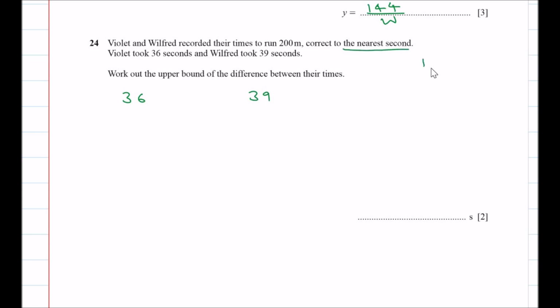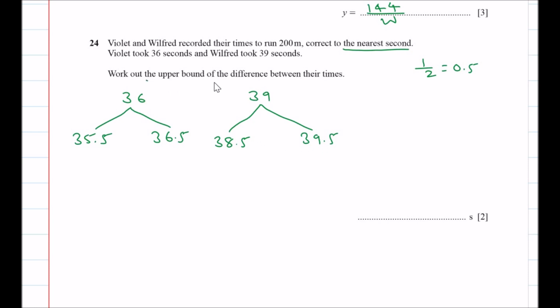So nearest second means 1 divided by 2, that is 0.5. So we need to find the lower bound, we will subtract 0.5. This gives us 35.5. And the upper bound will be 36.5. Similarly, for 39 we get 38.5 and 39.5.